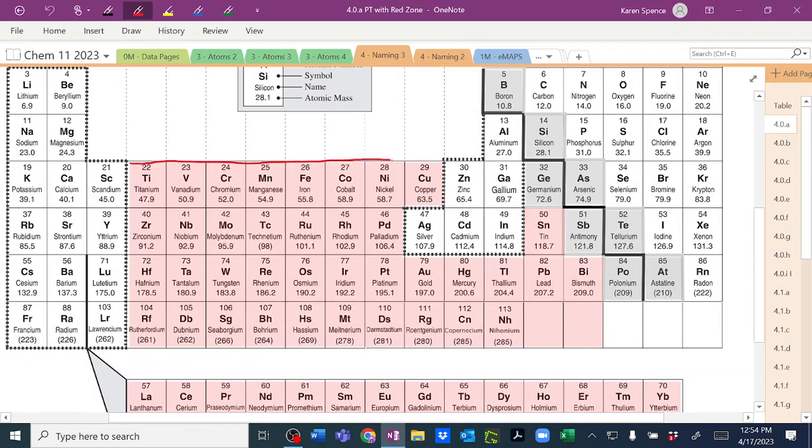On my periodic table, it's shaded in red. On yours, it is shaded in dark gray. So you can call this the red zone, or you can call it the gray zone, which might be more appropriate because yours is gray.